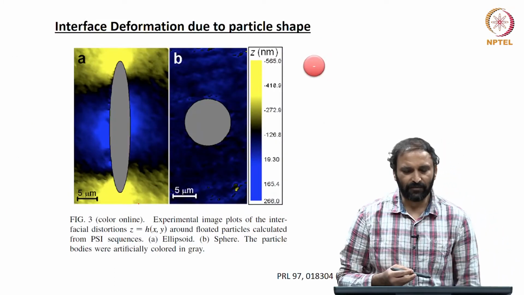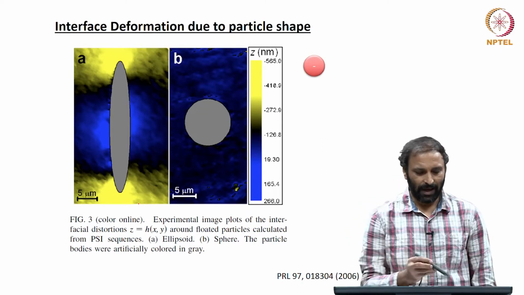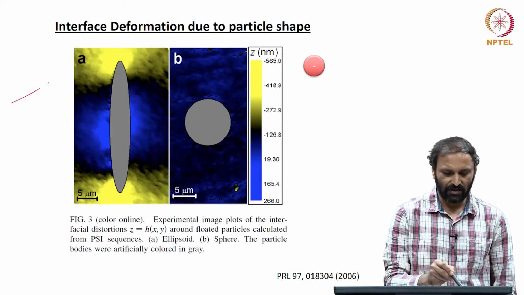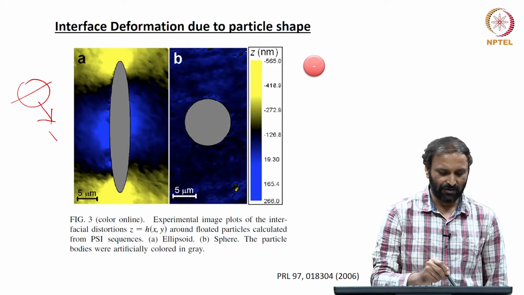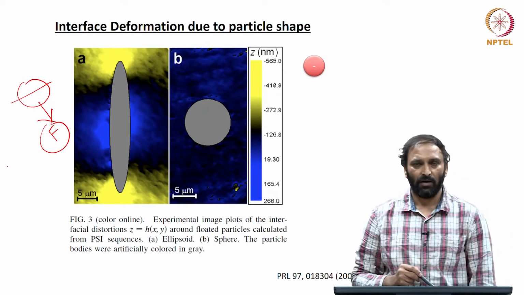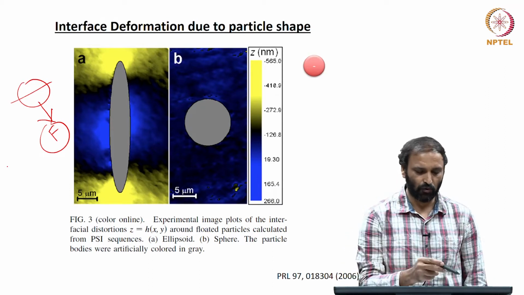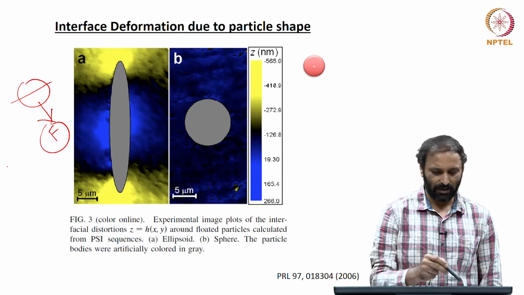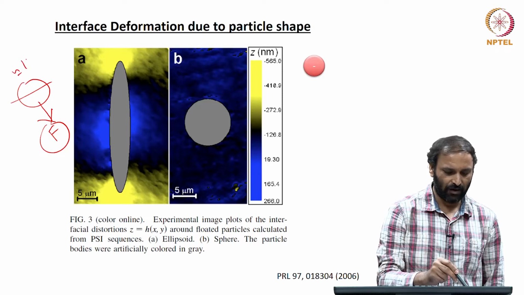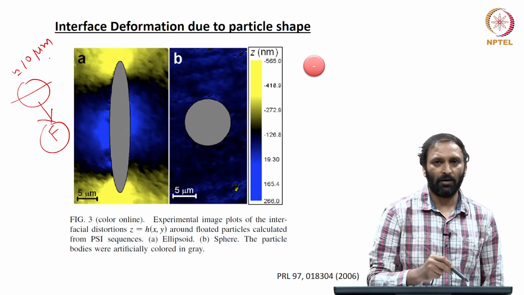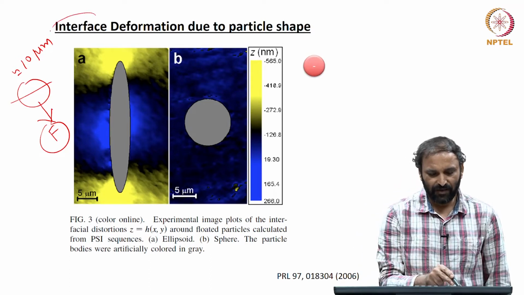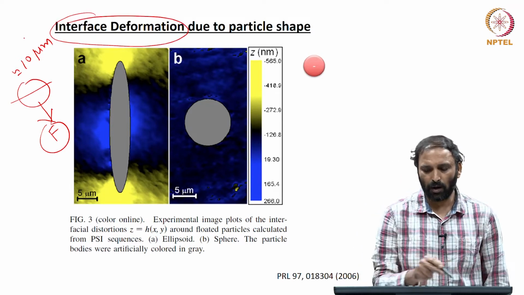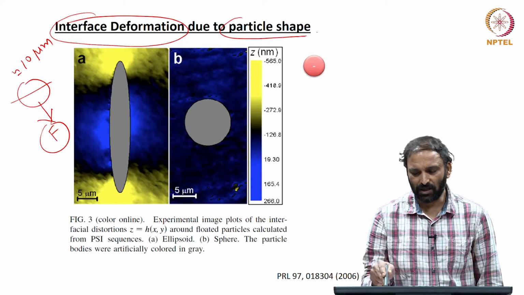Now, we have discussed that the interface deformation can occur when the gravitational force acts on the particle. That is true for sufficiently big particles, typically of the order of 10 micrometers or larger. However, the interface deformation can also occur due to particle shape.